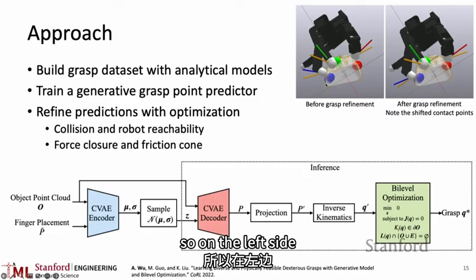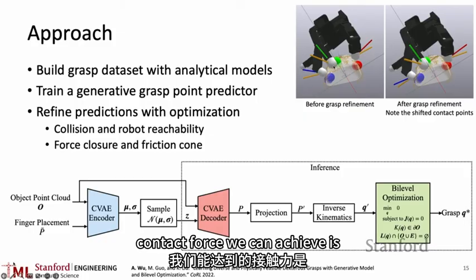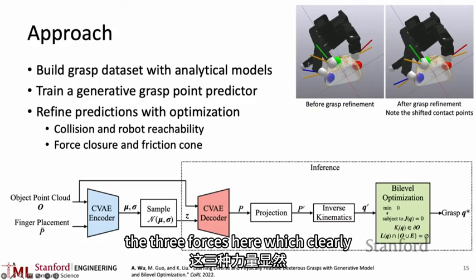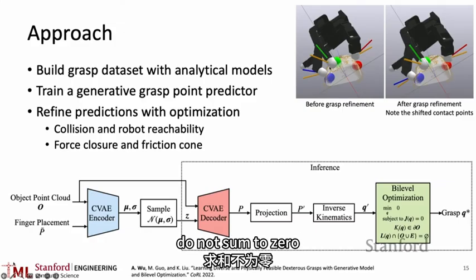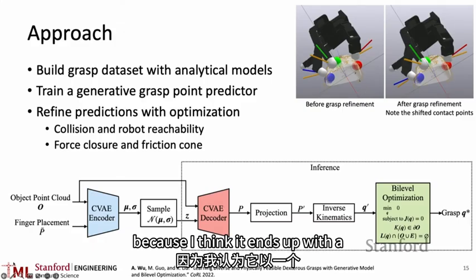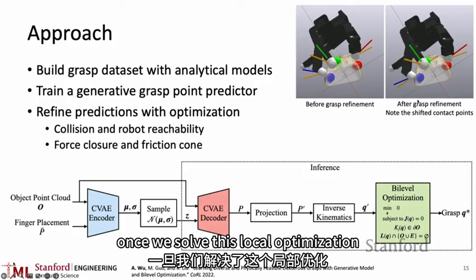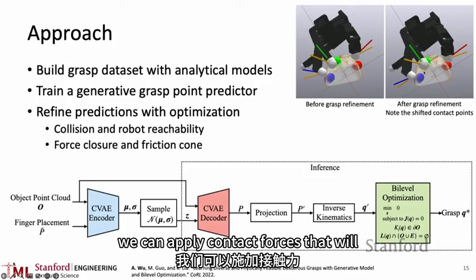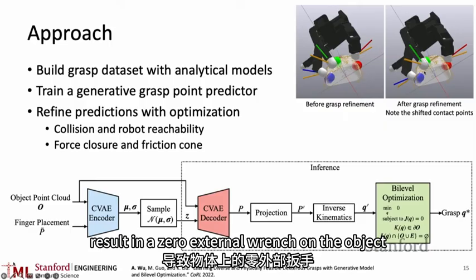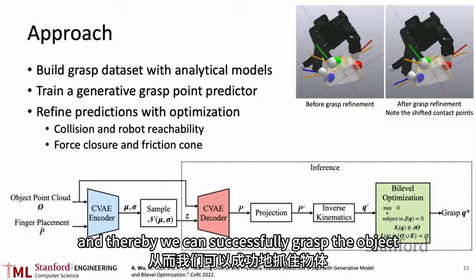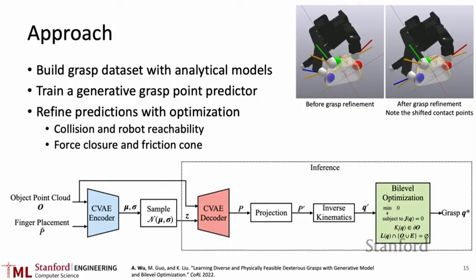On the left side, we can see that the best contact forces we can achieve are the three forces here, which clearly do not sum to 0, because it ends up with a net force in this direction. Whereas once we solve this local optimization, we can apply contact forces that will result in a 0 external wrench on the object. And thereby, we can successfully grasp the object.